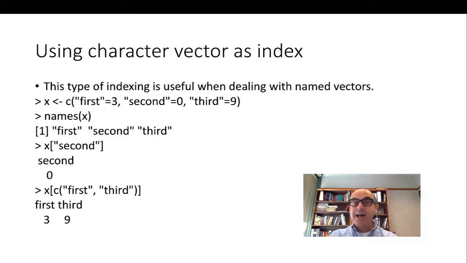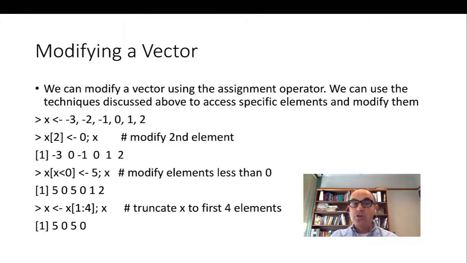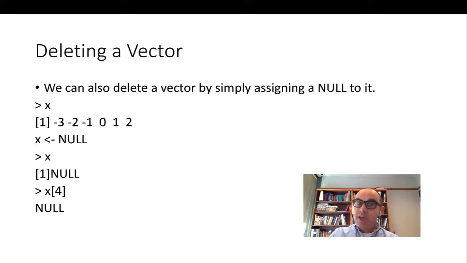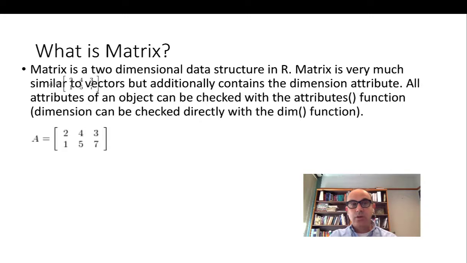So using a character vector as an index will give us, for example, first, second, and third, and we'll give them a value. By doing that, it will already embed those values and give us some indication of what those values are. We can modify the vectors, we can assign the vectors, or we can even delete the vectors.